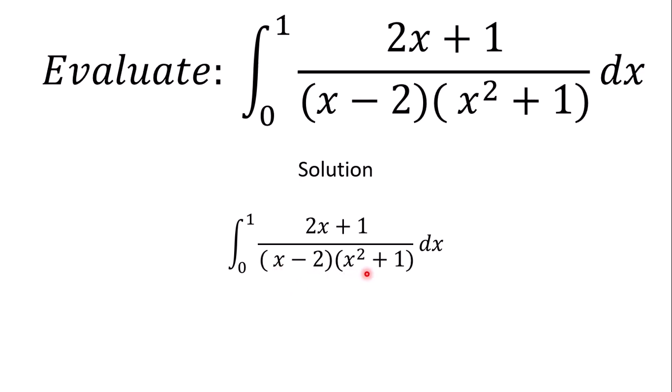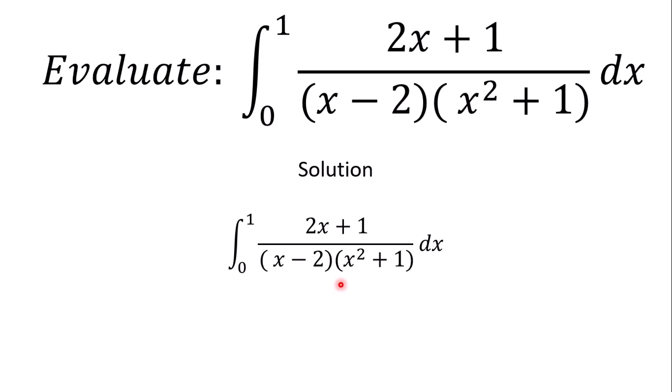When you multiply this by this, it could have given you x cubed, but after factorizing that expression, we have gotten x squared plus 1. Because of this x squared plus 1, it has made this problem a quadratic factor. That means if you want to apply the partial fraction, we have to use the quadratic factor approach.